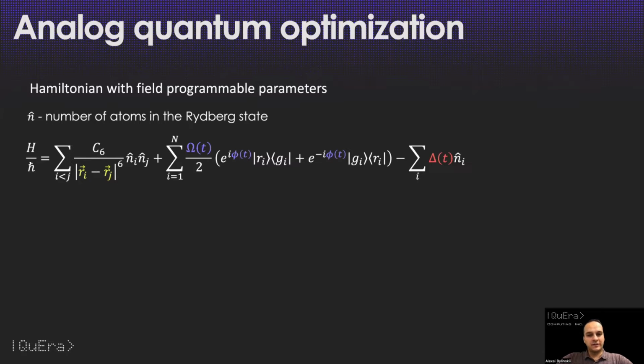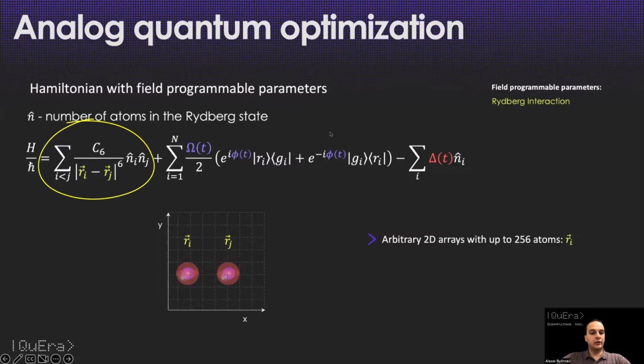There are three components to this cost function. The first component on the left encodes the interaction between the qubits, or the energy cost you pay when the qubits are too close to each other, and you as a user get to control that term via the coordinates of the atoms in the plane.